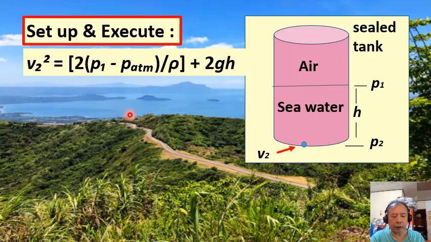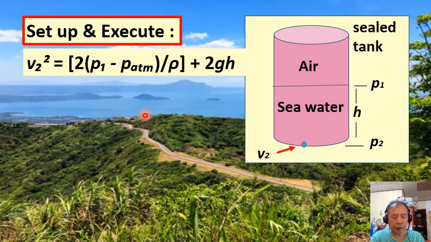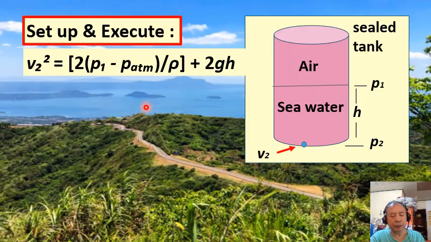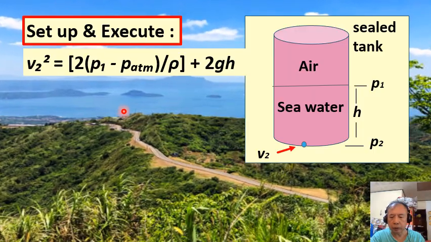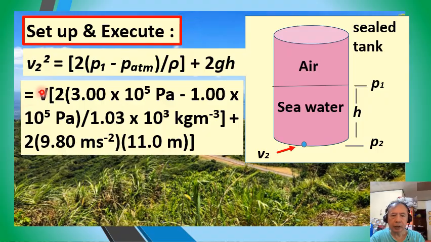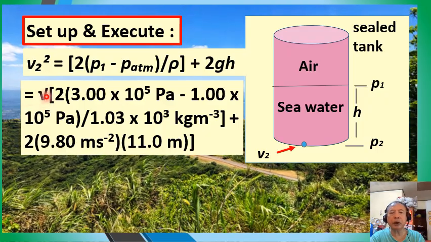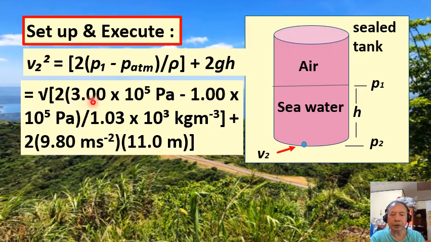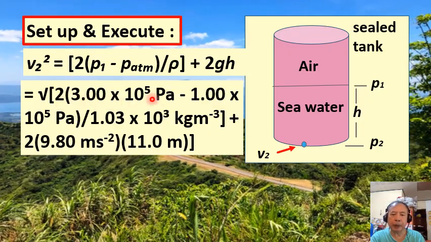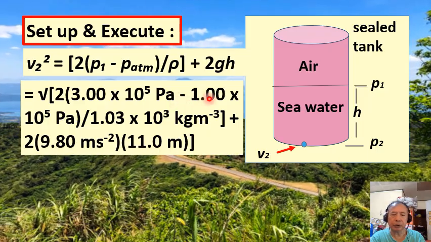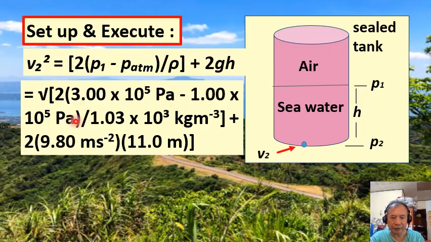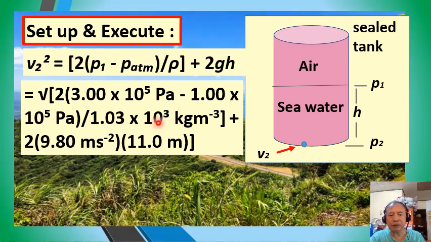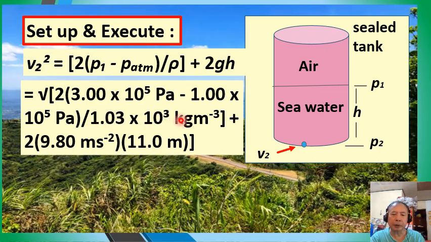So using our modified equation, we can now compute the speed of the seawater v sub 2. That is, v sub 2 is equal to the square root of 2 times 3.00 times 10 to the fifth Pascal minus 1.00 times 10 to the fifth Pascal, and then that will be divided by 1.03 times 10 to the third power kilogram per meter cube.